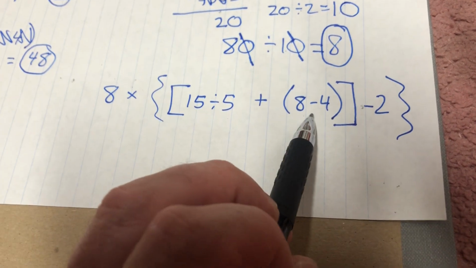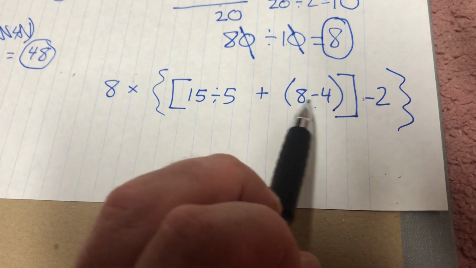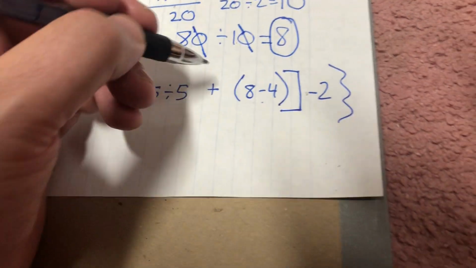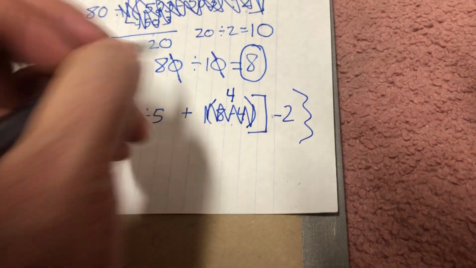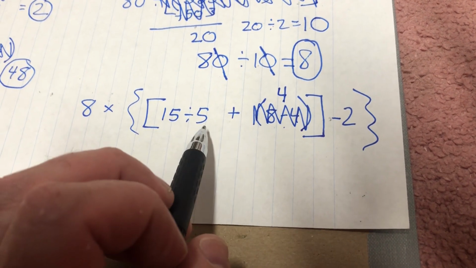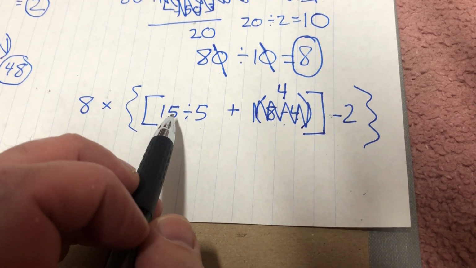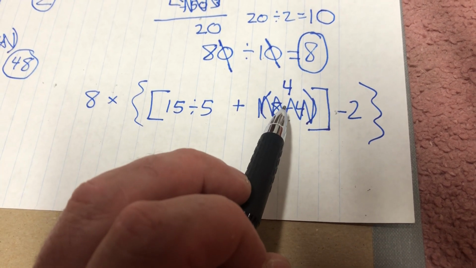So we're going to start right here with the parentheses, 8 minus 4. Well, 8 minus 4 is 4. So we're going to cross that out, replace that with 4. Then I've got to deal inside the brackets. So I'm going to start with the order of operations, which tells me clear parentheses first, which I did.